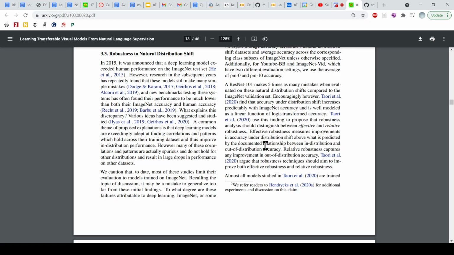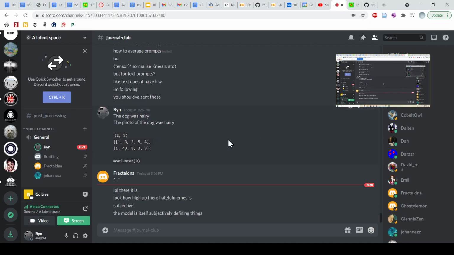So there's this problem in machine learning where we want to maximize how well we do on one data set, and so these machine learning models will pick up on little things in the data set that aren't actually meaningful. So it's good to show that they generalize to different data, because that's a huge issue.